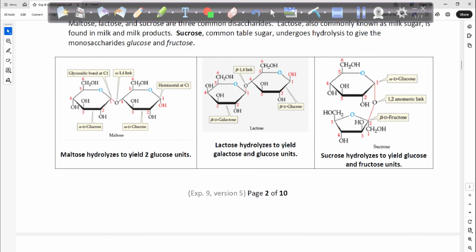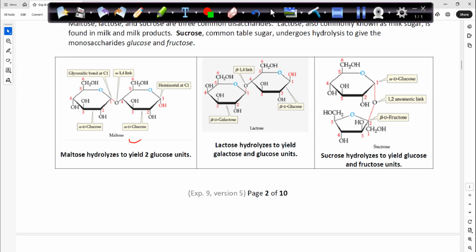The first one, this is maltose. Now this is very important for oxidation. If this is missing, then it will not be oxidized.